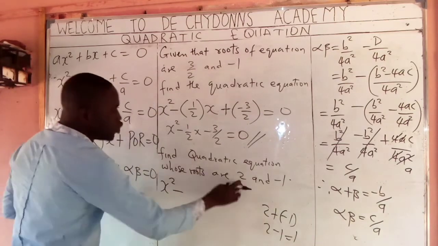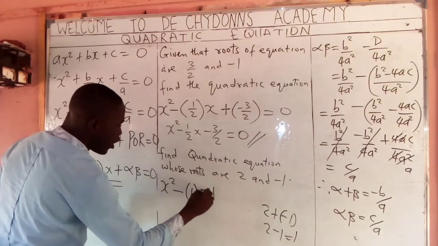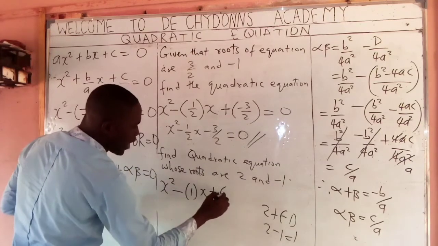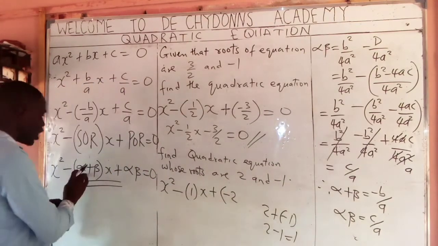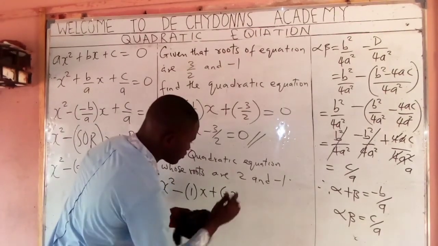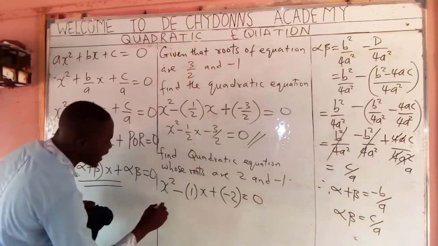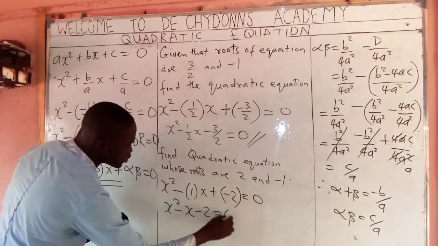So x squared minus 1x plus 2 times minus 1, minus 2, because product of the roots, you multiply and get; sum of the roots, you subtract and get; equals 0. So the final answer is x squared minus x minus 2 equals 0.